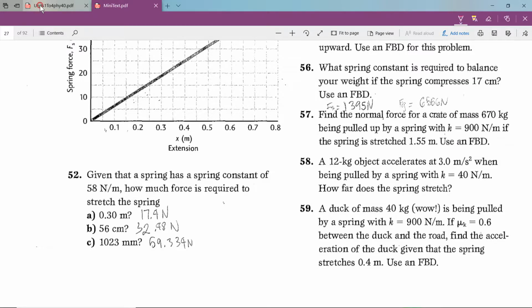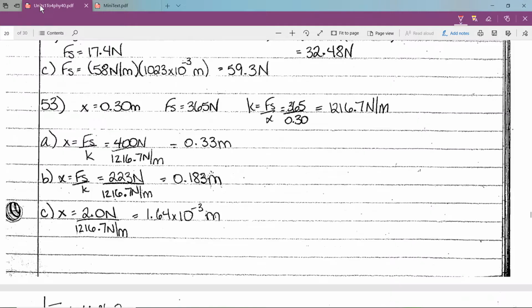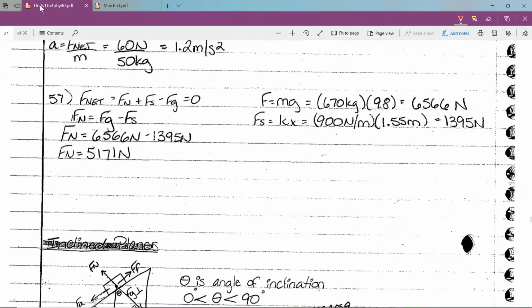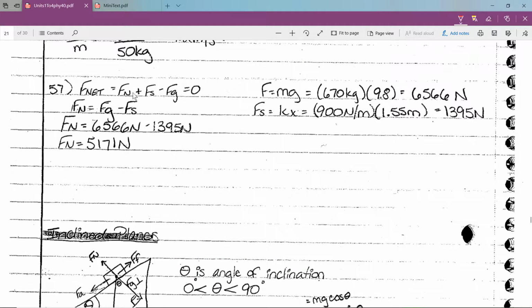Okay, so let's go back here. The net force, we have the normal force and the spring force going up and gravity going down. So the normal force is the force of gravity minus the spring force. The net force is 0, it's static equilibrium here.